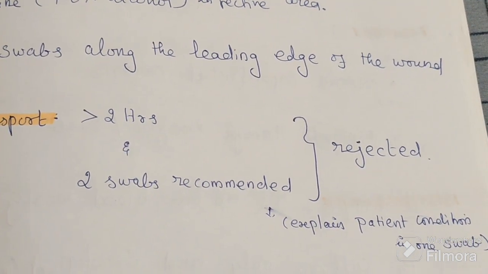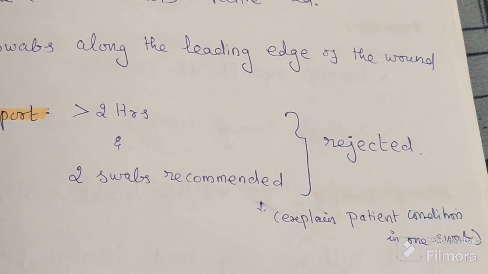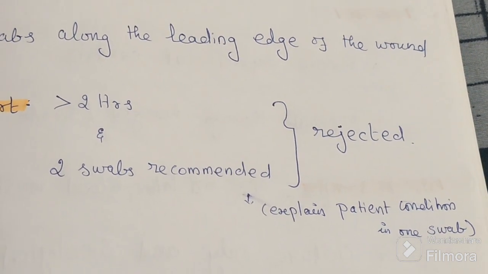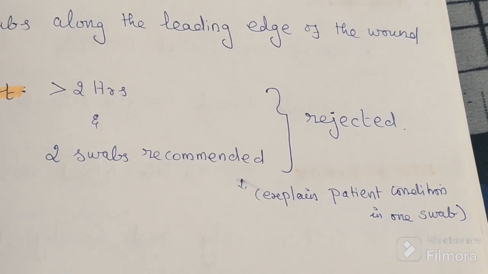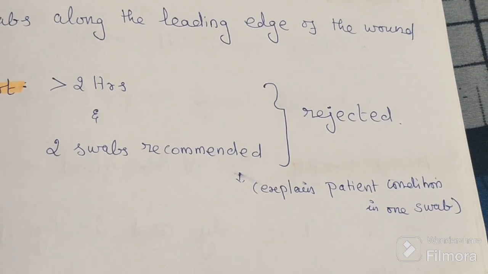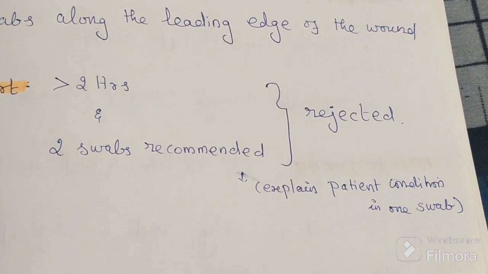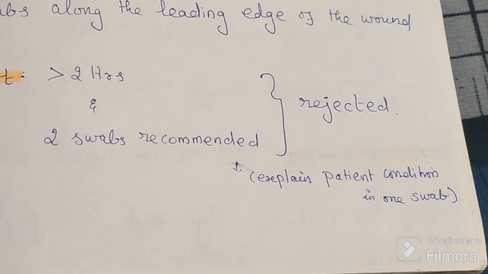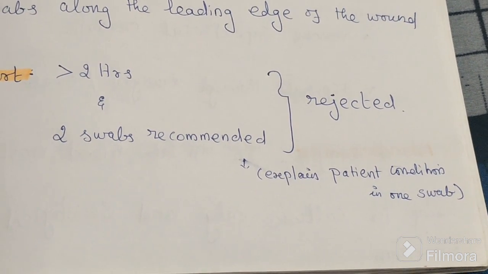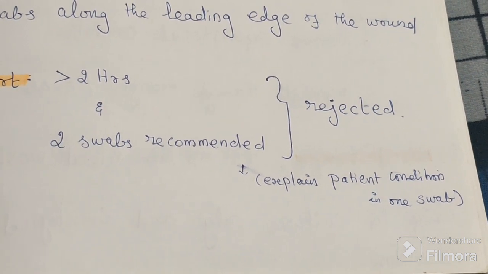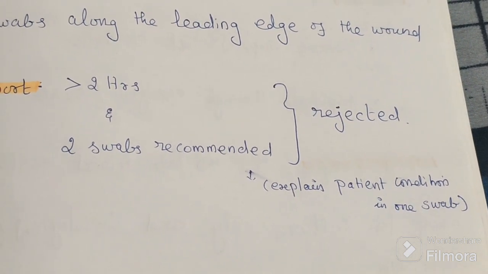More than 2 hours or 1 swab are rejected. In case of only 1 swab, immediately call the microbiologist, explain the condition of that patient, then only accept a single swab. Otherwise, we must collect 2 swabs.